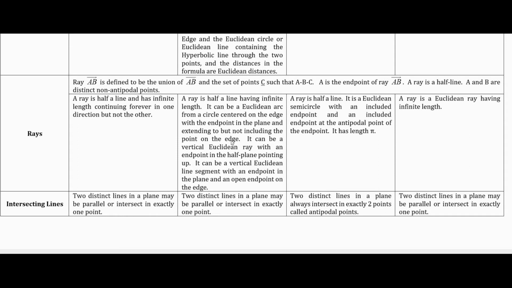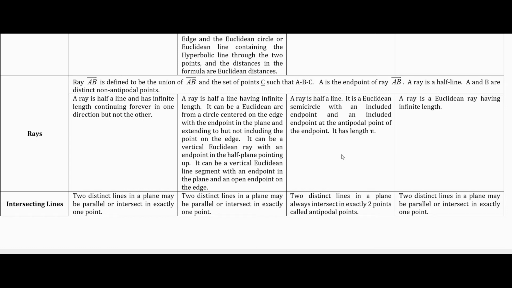Now, in hyperbolic geometry, a ray is a half line indicating an infinite length. It won't be an infinite length as a Euclidean length, but it'll be an infinite length measured in hyperbolic measurements. It can be a Euclidean arc from a circle centered on the edge with the endpoint in the plane and extending to but not including the point on the edge.